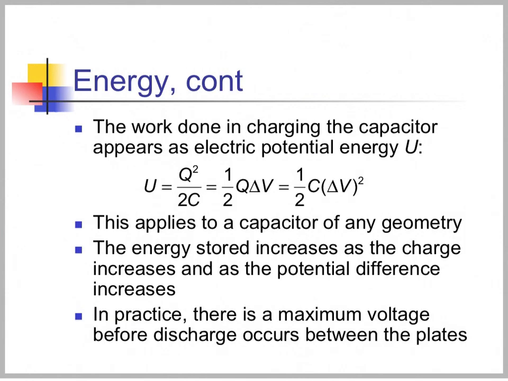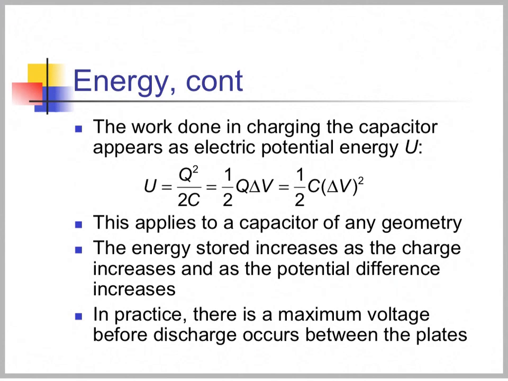So the work done in charging a capacitor is the potential energy stored in it. It's Q squared over 2C, or I know that Q over C is delta V, so that's 1/2 Q delta V, or getting rid of the Q, I can say it's 1/2 C delta V squared. This applies to any geometry capacitor.